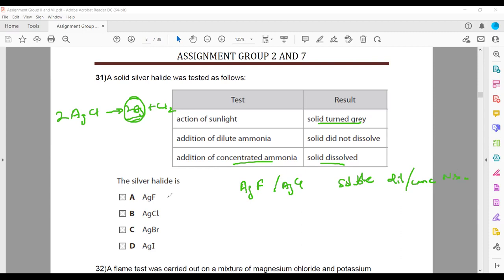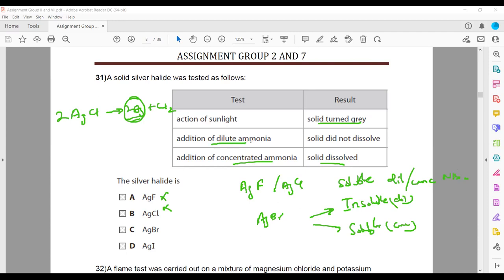So it cannot be silver fluoride or silver chloride, because in both cases it dissolves. Silver bromide is insoluble in dilute and soluble in concentrated. So in concentrated it dissolves, but in dilute it does not dissolve.